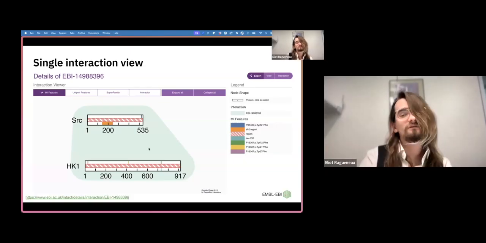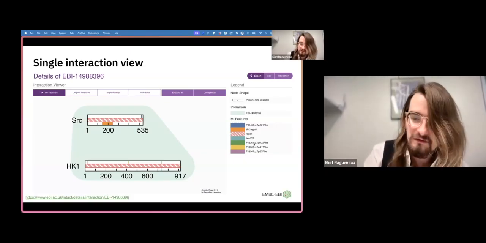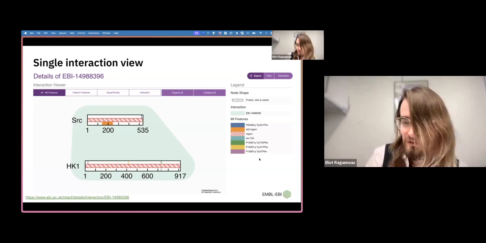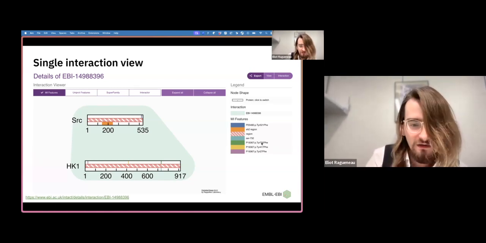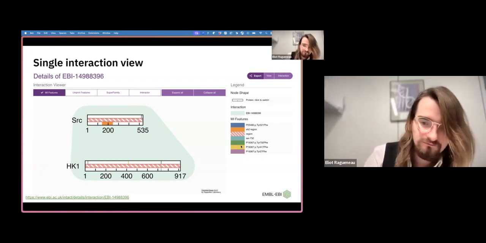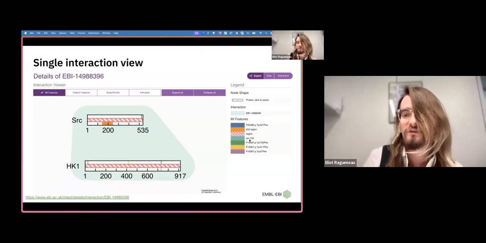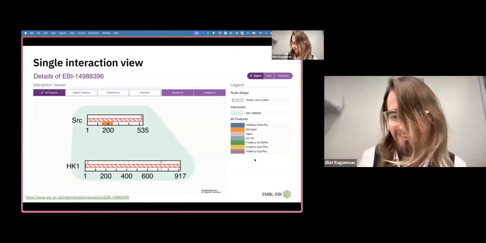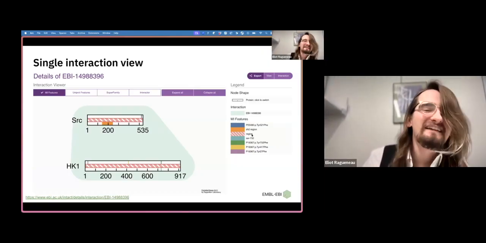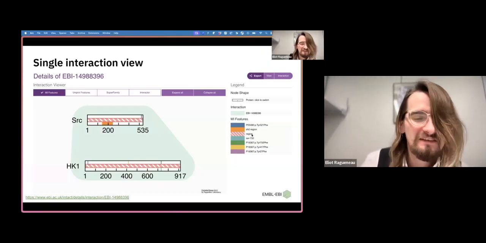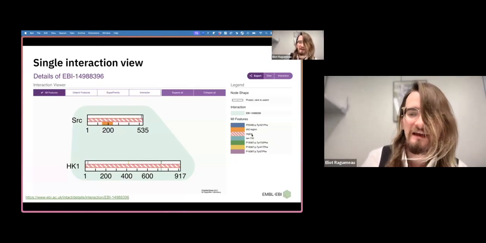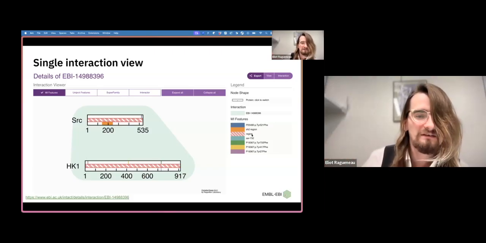That's where we are loading, for instance, mutations. You can see here that hexokinase 1 was being mutated in 3 different places, and actually a 4th one over there. So there are 5 different mutations that have been studied on this specific interaction, and I will show later what the impact of that is.